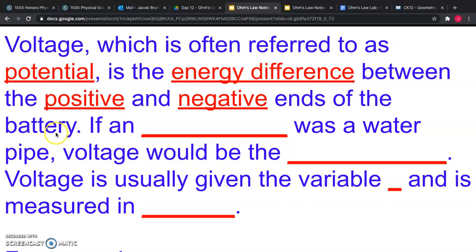Now, if I'm being totally honest with you, I hate this definition for potential, and I hate calling it potential. I much prefer voltage. The reason is, for number one, when you're measuring the voltage or the potential, you're not actually measuring how much energy is in the circuit. You're measuring something else.